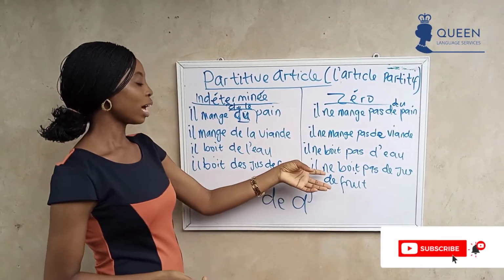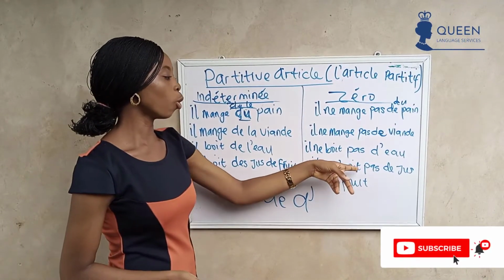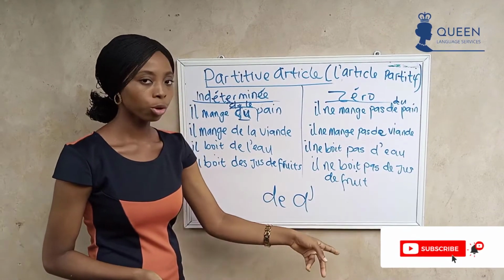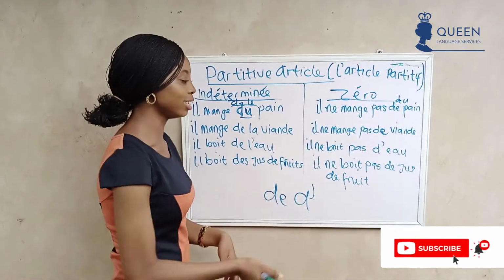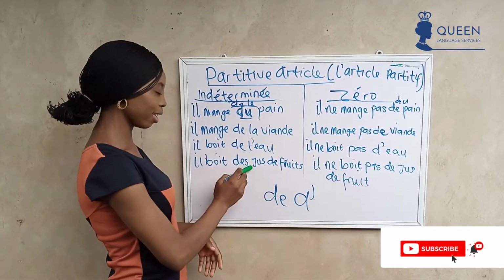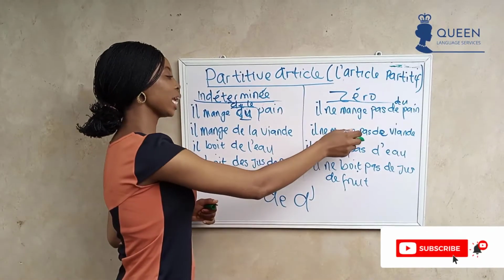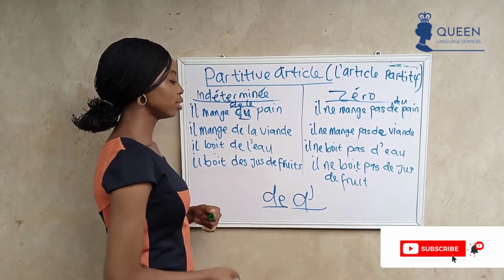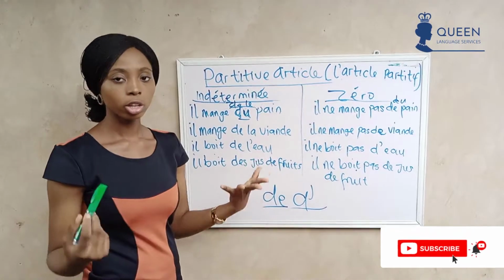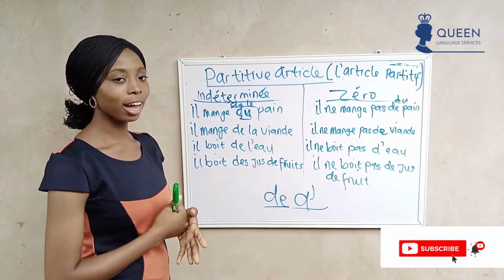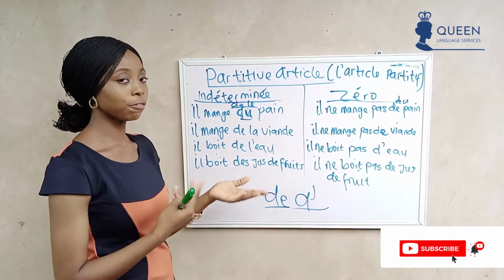So our negative form is il ne boit pas de jus de fruit. Instead of saying il ne boit pas du jus de fruit, can you see that it is il ne boit pas de? So note this rule that in French language, when it is negative form, we have it as de or the apostrophe. I hope you can identify how our preposition de and our definite article contract in French language.